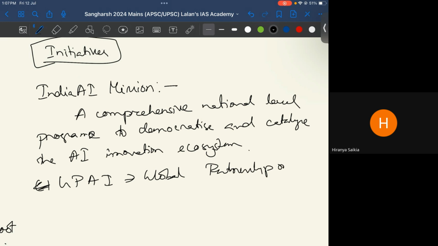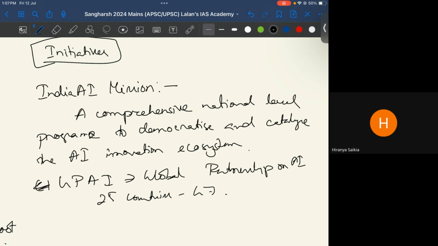Okay, 25 countries, G7 initiative. So it is one initiative where India is part of. So it will kind of support cutting edge research and cooperation, coordination in this field.